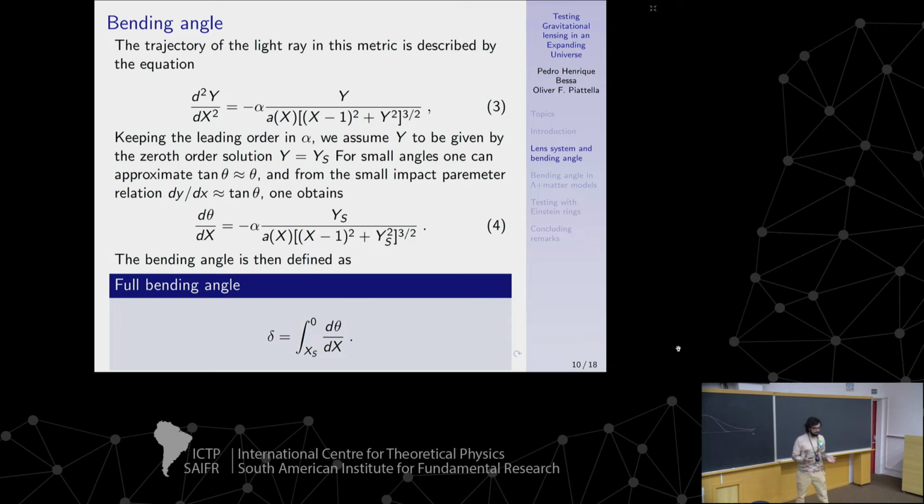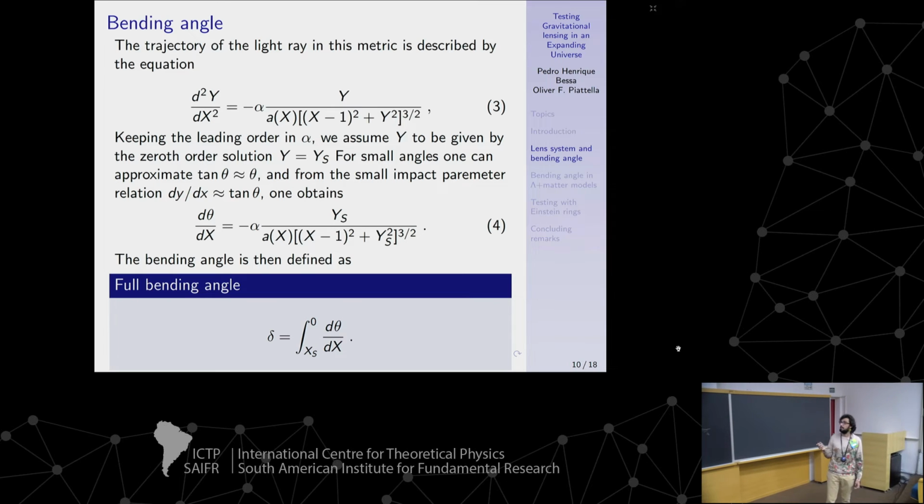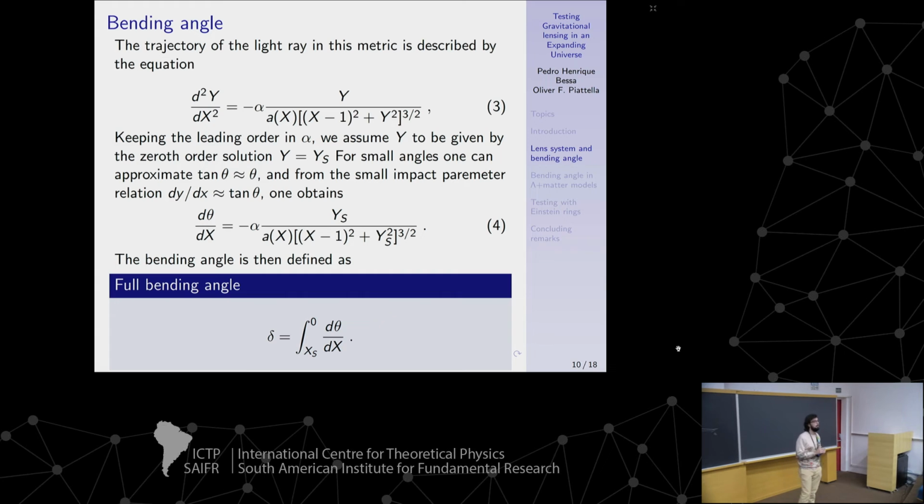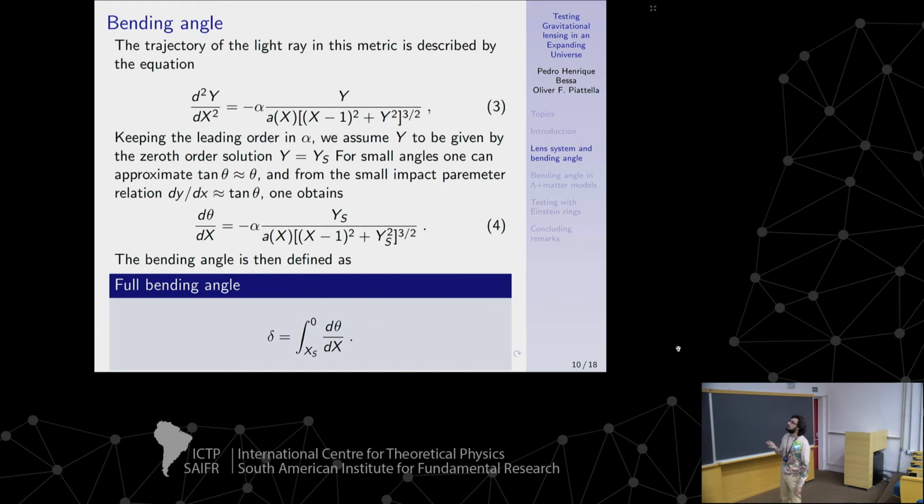And the thing that's nice there is that it has an analytic solution. But I'm doing a series of approximations, well-motivated approximations, right, to the tangent that I just told you.